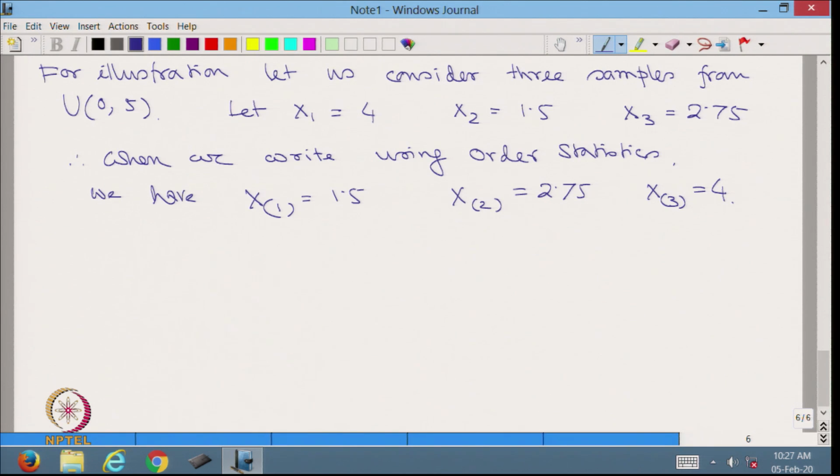That is, the smallest of the 3 random variables is taking the value 1.5, the second smallest of the 3 variables is taking the value 2.75 and the largest of them is taking the value 4.